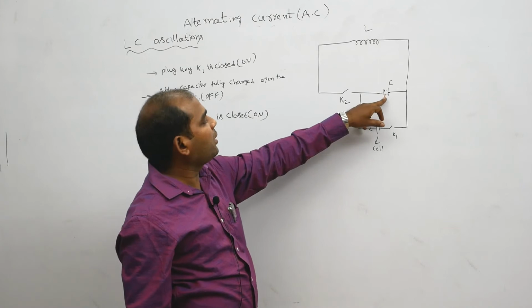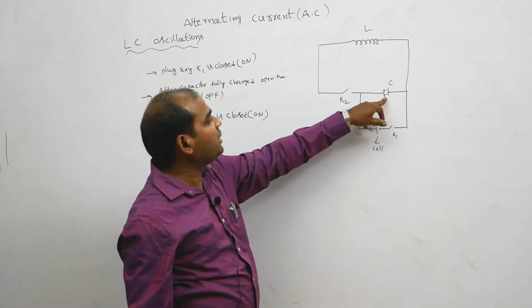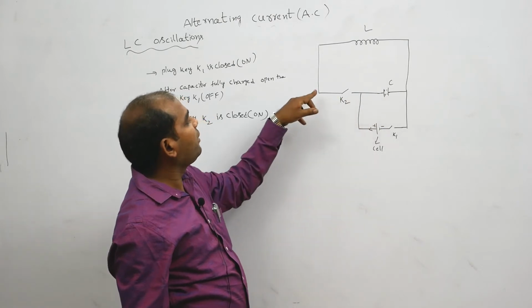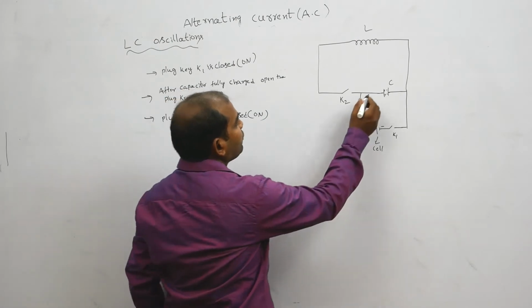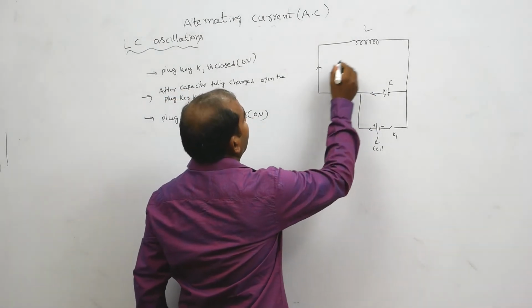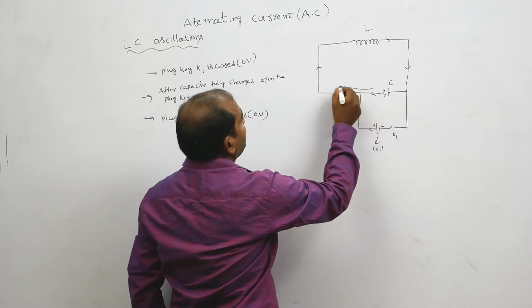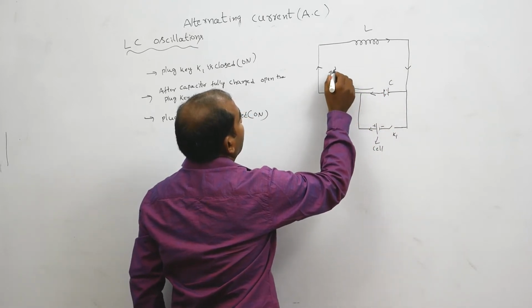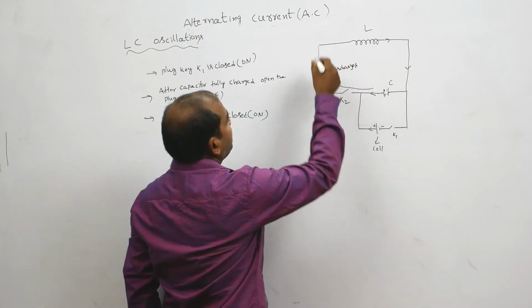Now this is a completely charged capacitor. Now this capacitor starts to discharge by itself, by the current flowing in the circuit through the inductor. So the current flows from the positive plate to the negative plate. In this way the capacitor is getting discharged. The current flows in this direction.